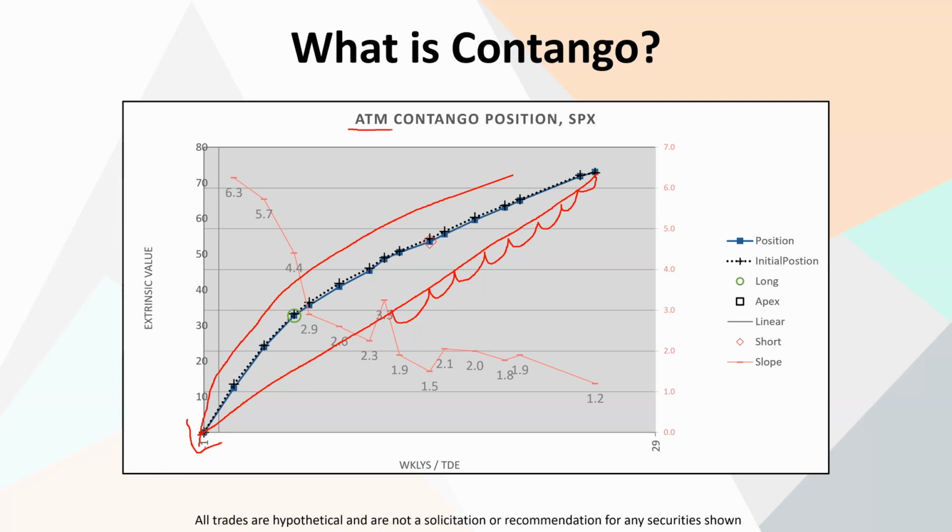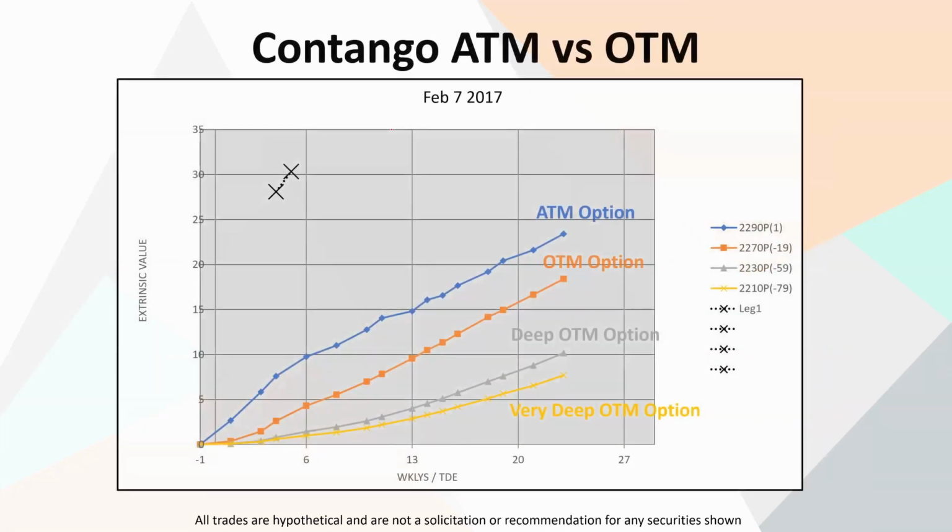This is totally different for options that are away from the market, right? That are further out, away from where the market is trading right now. So out of the money options. And this is where that contango comes into play. So here's an at the money option that is basically what we were talking about, where we go down and then we slowly accelerate faster and faster all the way into expiration.